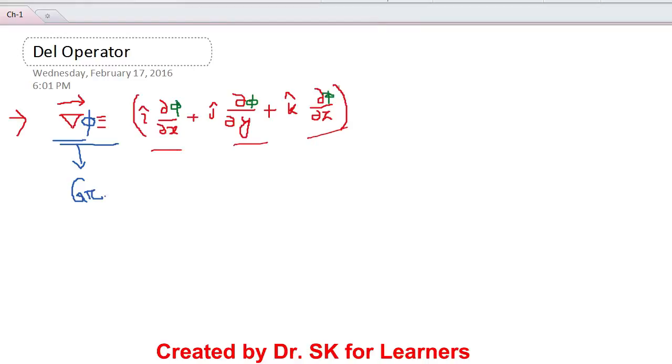So let us see how you will be doing it. Let us say phi is 2x plus 5y or y square. So this will give you an idea of how the partial differential operator works.